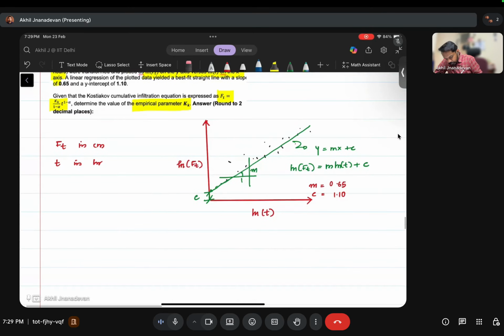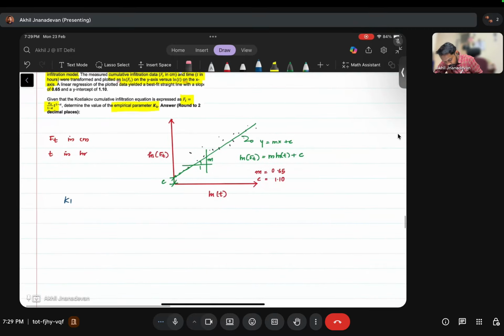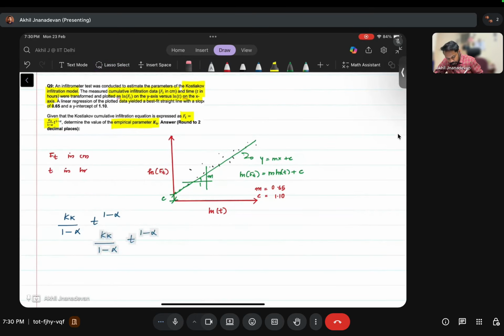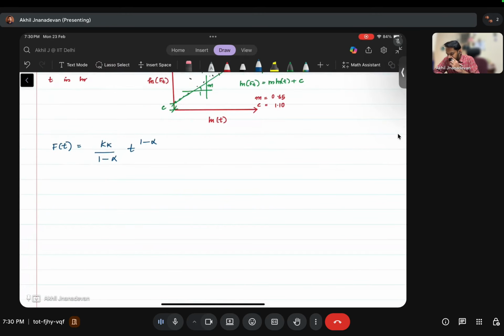Okay, so we can write down the equation. K/(1 − α) · t^(1 − α) is nothing but capital F of t, right? So we can take the log on both sides.